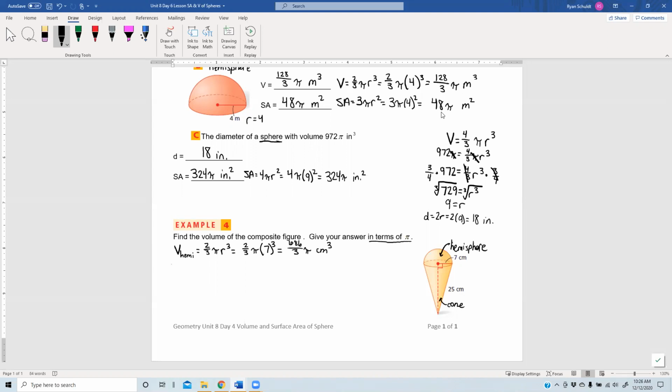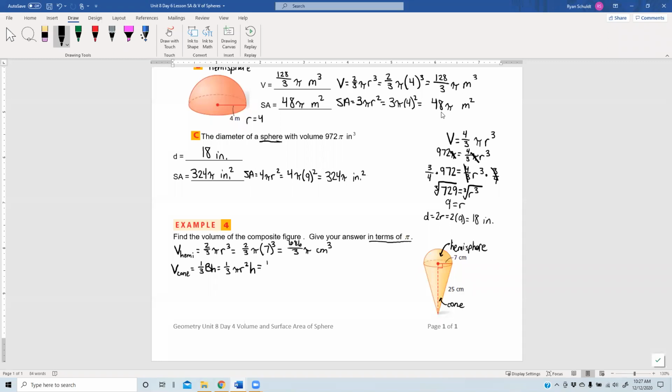Now we've got to find the volume of our cone. Well, if we think back to Friday, the volume of the cone was 1/3 BH, which we said we could rewrite as 1/3 pi r squared times h.